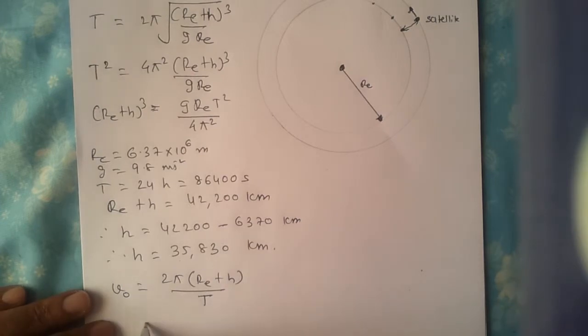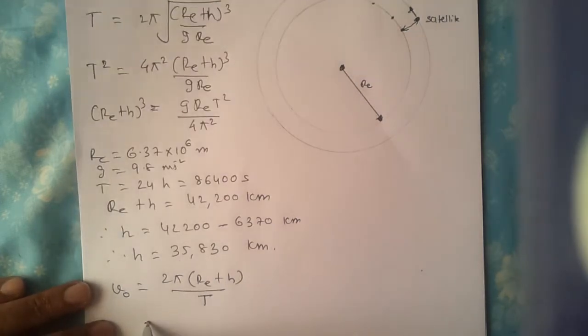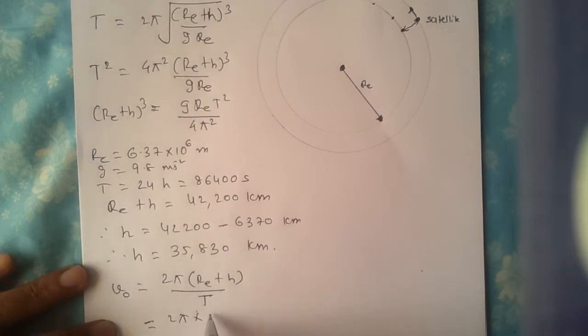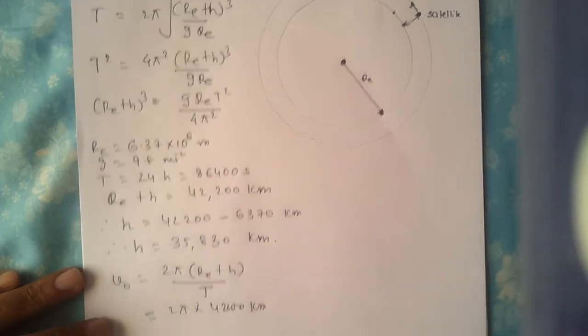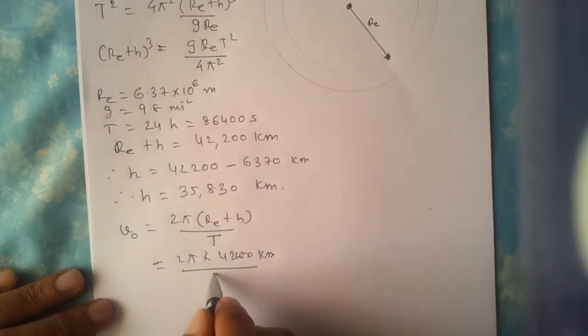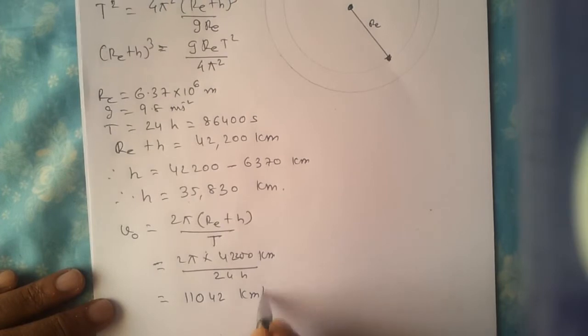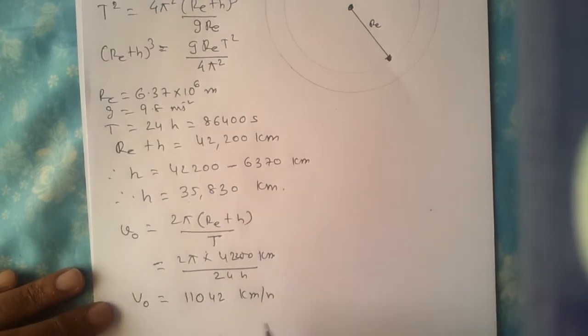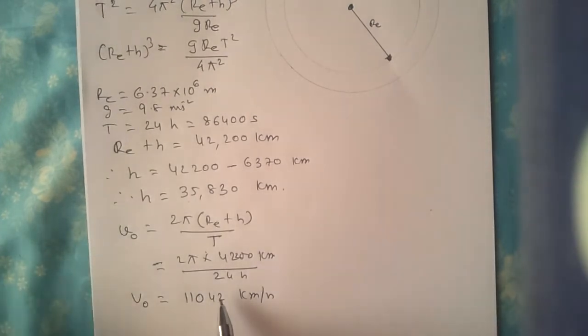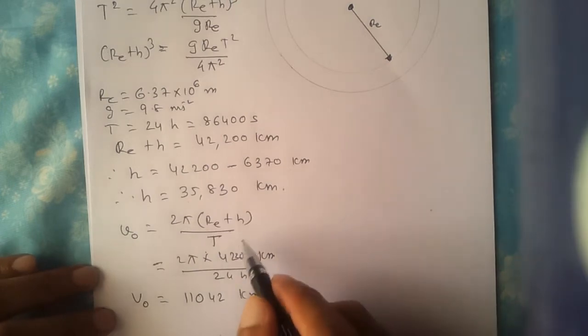So if I put these values over here, 2 pi into (RE plus h), which we obtained as 42,200 kilometer, upon T which is 24 hours, I'll get approximately 11,042 kilometer per hour, v0. So this is the orbital speed of a geostationary satellite.